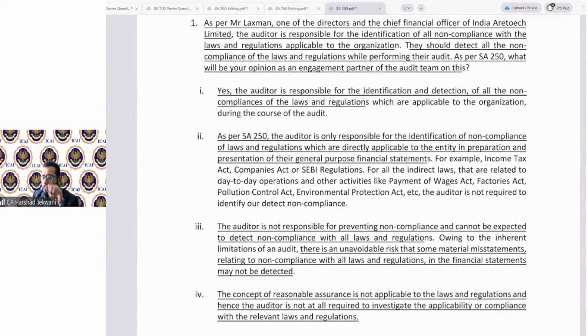Okay, good Namrata, good Janvi. I want the reason also, like why you are selecting that particular option.